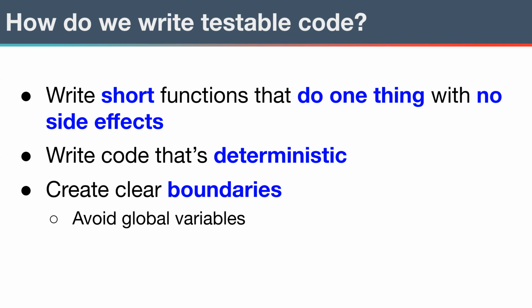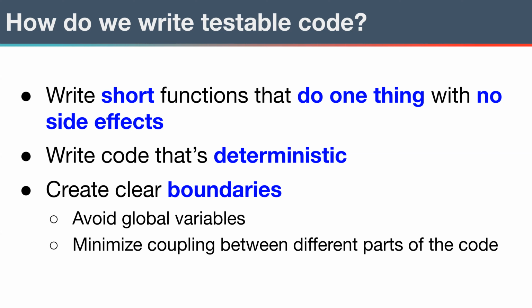Along those lines, it really helps to avoid global variables, something that is defined throughout the course of a program. We want functions to be local and depend only on local variables, like the arguments that are provided to them.